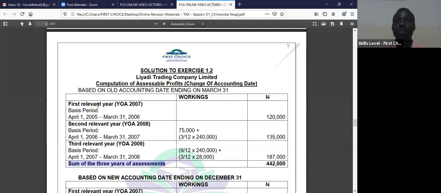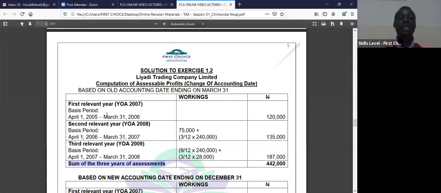In commencement rule, we call the first relevant year, year 1, because that is the year you start business. But in the case of change of accounting date, it is not called year 1, it is called first relevant year, because year 1 would have concluded since, but this is the first year you experience a change.